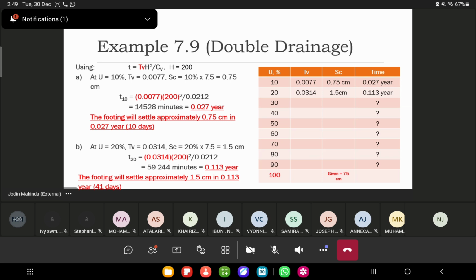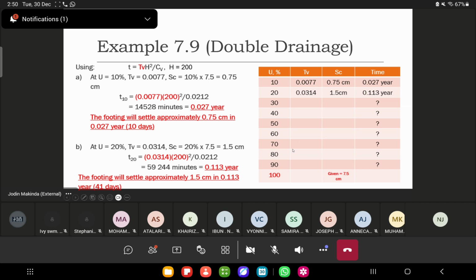For the time at 20, again we go back to the equation. We can solve that T20 is 0.113 year, meaning the footing will settle approximately 1.5 cm in 0.113 year or 41 days. This is for double drainage.